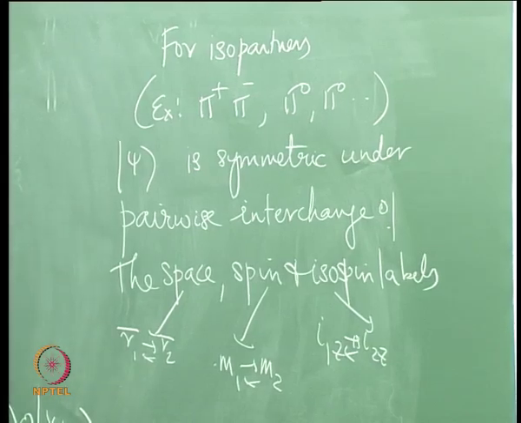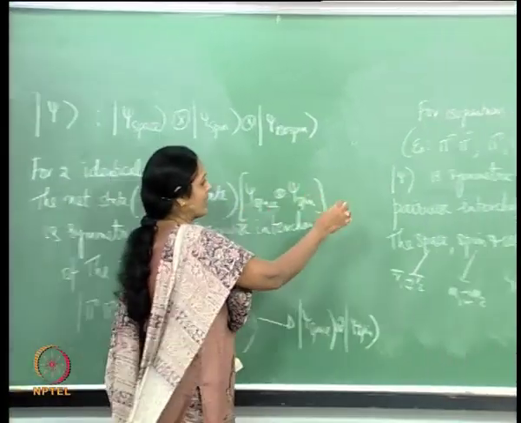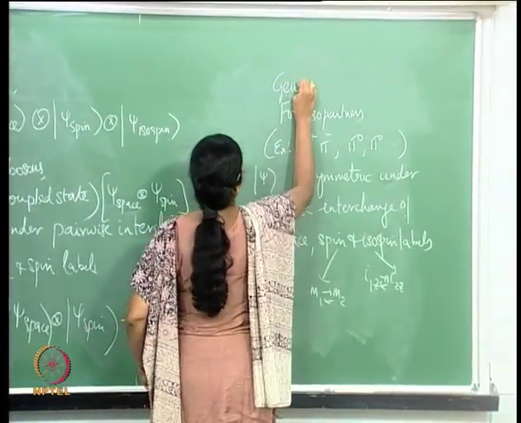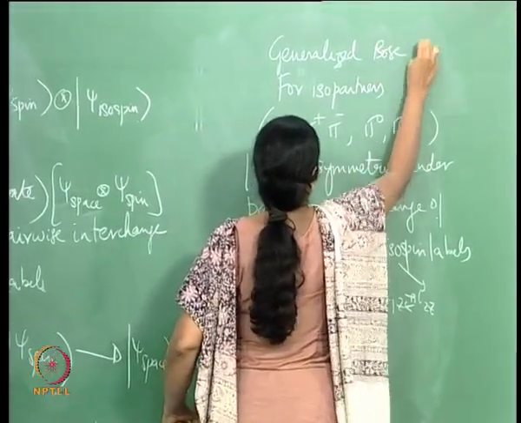So let us get back to pi 0, pi 0. This is the generalized Bose symmetry or Bose principle.